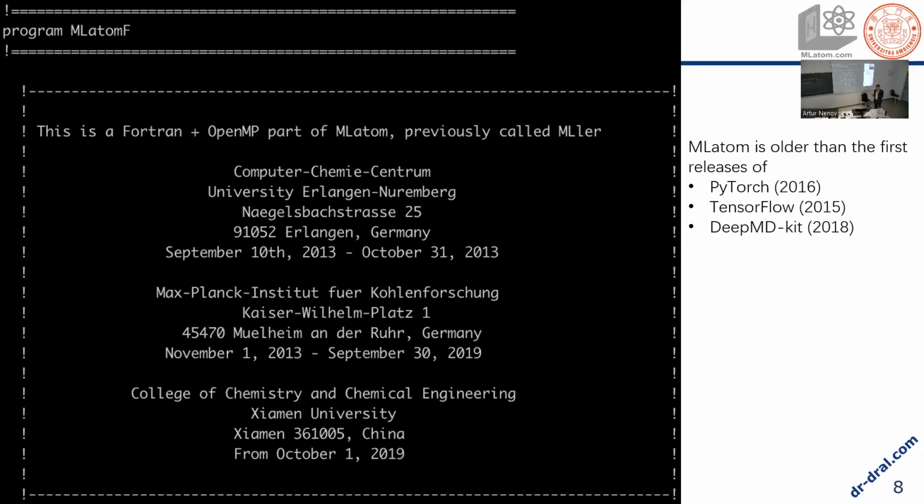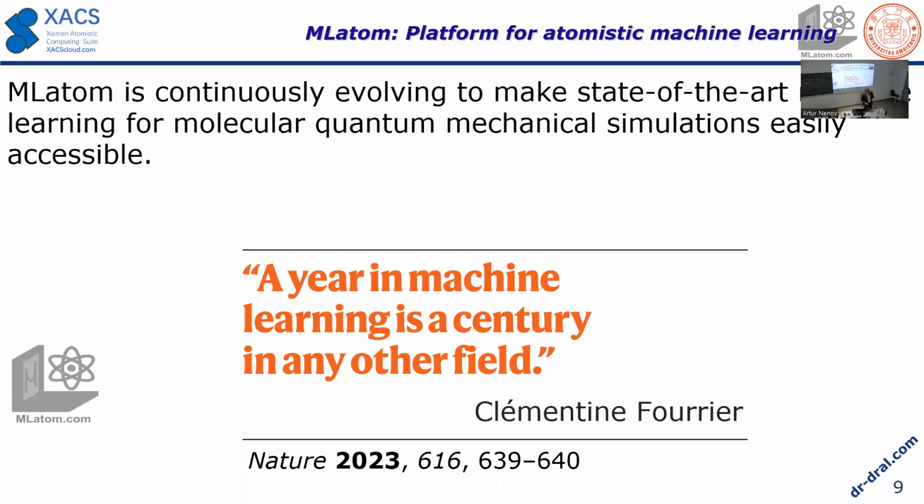And as I mentioned, it's quite an old program, from 2016. The first part was written in Fortran. Now we go more the Python way, but still the most efficient parts are imported. And it predates the official releases of PyTorch, so we couldn't rely on them, and we developed our own tools. One year in machine learning is essentially like many years in many other fields.